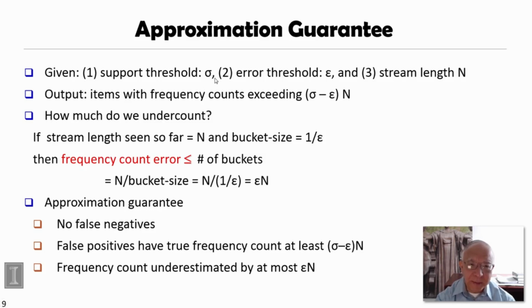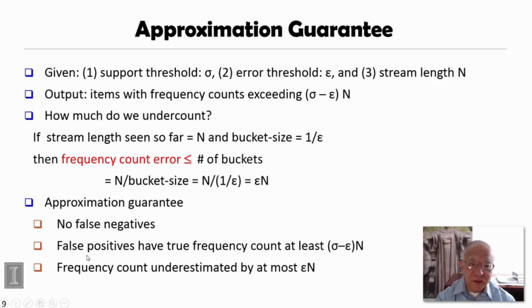Then, because we output every frequent item exceeding sigma minus epsilon times n, and we undercount by at most epsilon times n, you will output every item whose support count is no less than sigma times n. So there are no false negatives.